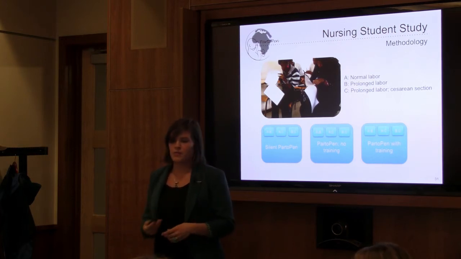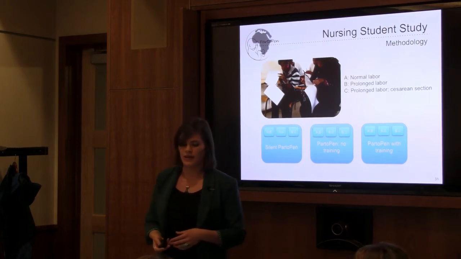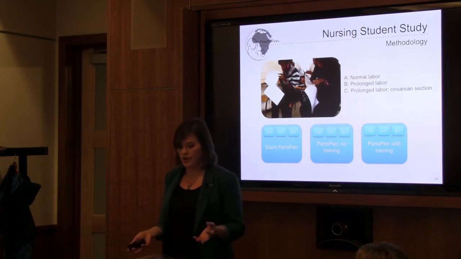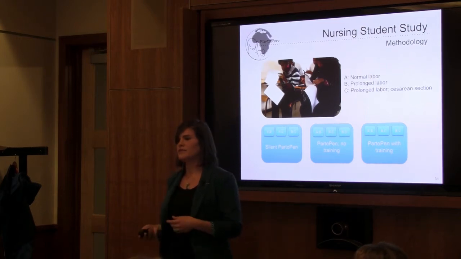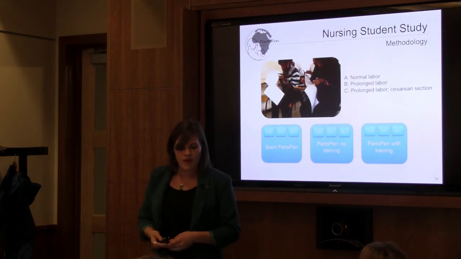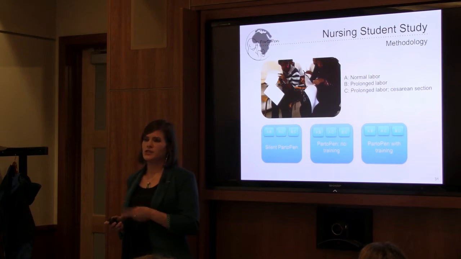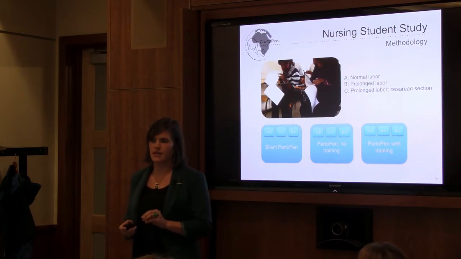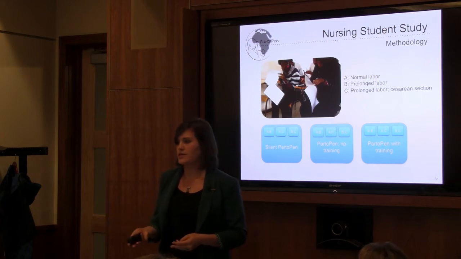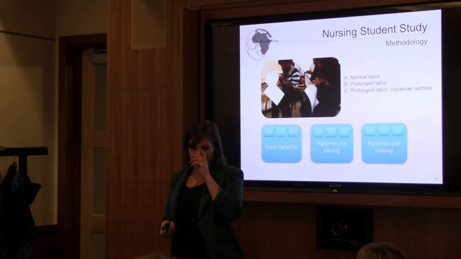The second group received a PartoPen, but absolutely no training on how to access or use any of the PartoPen functionality. And the third group was given a completely functional PartoPen, but also got a 10 to 15 minute demonstration from us. These little green boxes represent the possible case studies that each student got. There were three possible case studies: a normal labor, a prolonged labor, and a prolonged labor that results in a cesarean section. And the students got 2 of 3 of those cases.